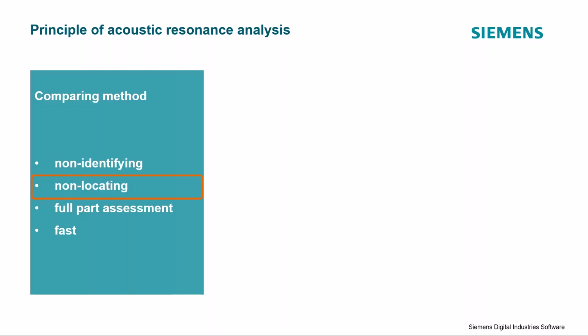You say, well, I want to know where it is. Well, usually if you know where it is, you cannot detect it anywhere. And this is the advantage. It offers a full part assessment. So you can detect issues which are buried inside the part or which are not visible, non-surface open defects, things like that. And it's quite fast.